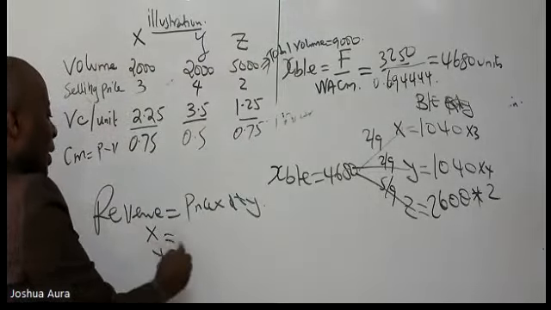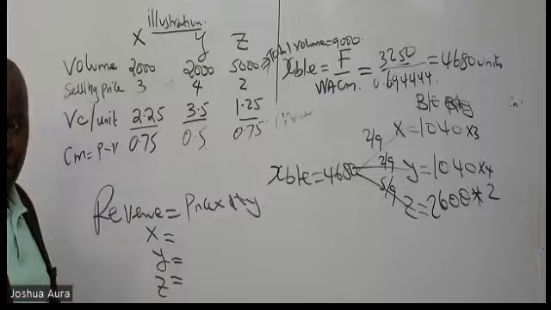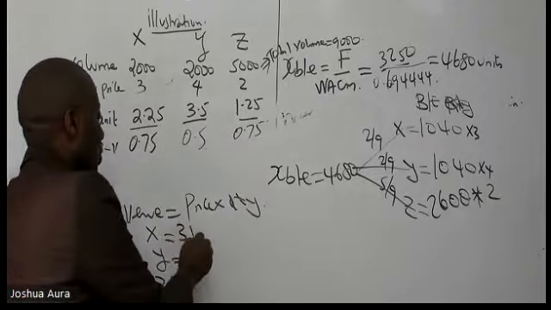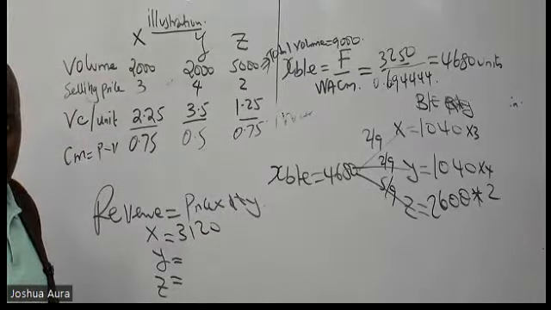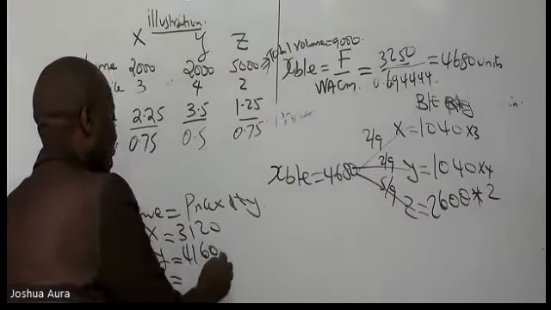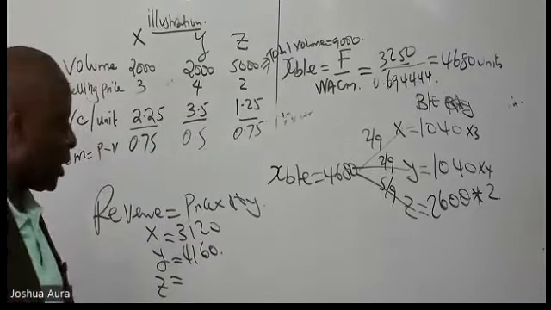Is there somebody who can give us these figures? Revenue of X is 3120. Thank you, Susan. From there we go to Y, which is 4160. From there we go to Z, which is 5200.